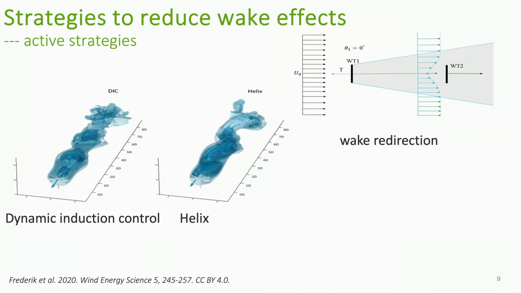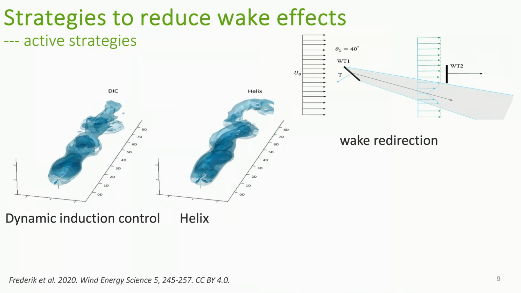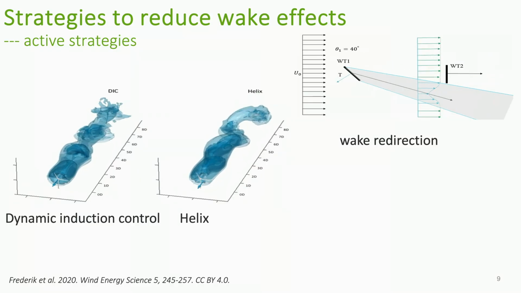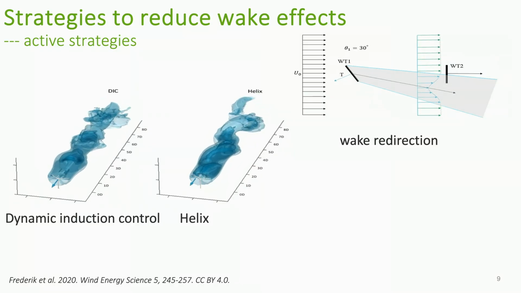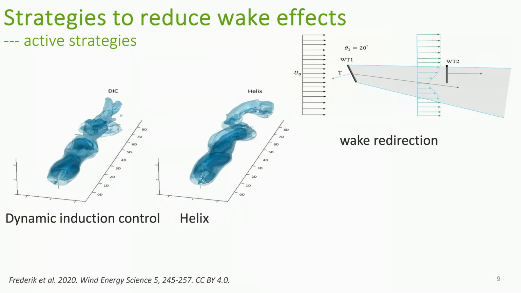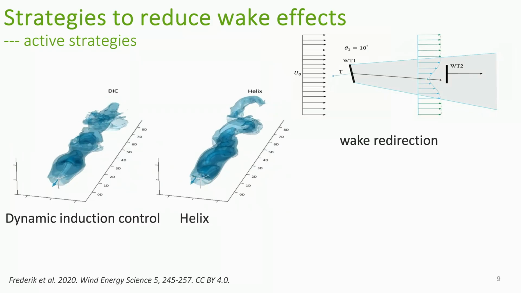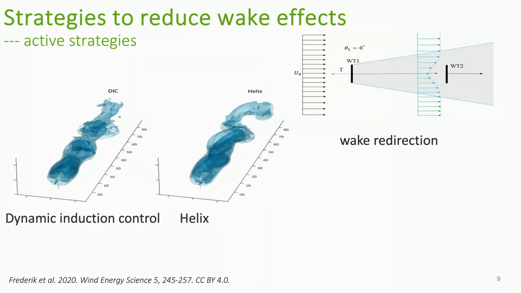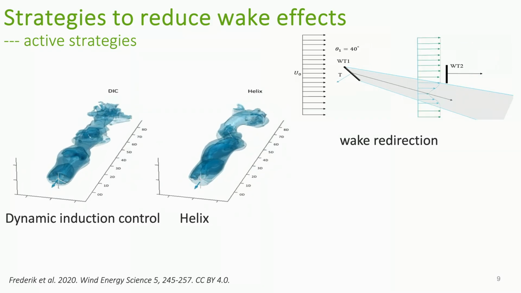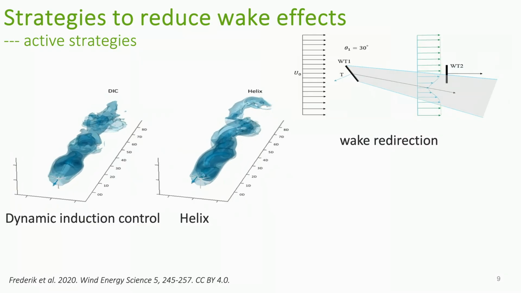The animation on the top right shows yaw-based wake steering control, where the upstream turbine is intentionally misaligned with the incoming wind using a yaw offset. This deflects the wake away from the downstream turbine, reducing the wake overlap.